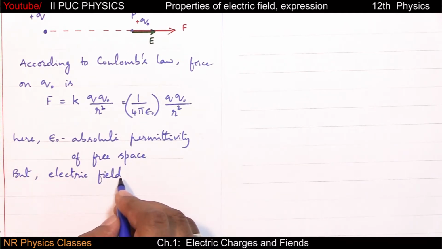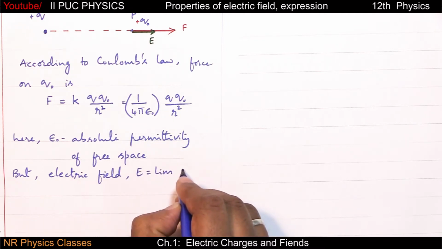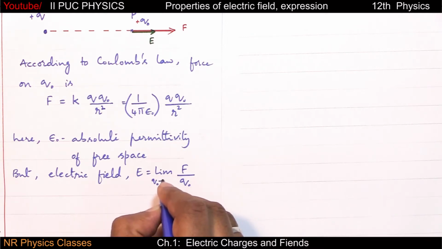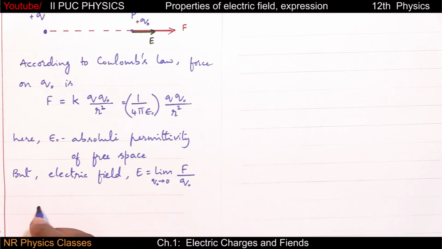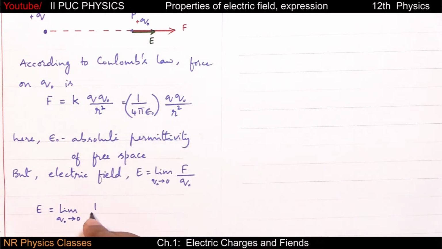But electric field E equals the limit of force by charge as Q0 tends to 0. Therefore, electric field equals the limit as Q0 tends to 0 of force, which is 1 by 4 pi epsilon naught Q Q0 by R square, into 1 by Q0.